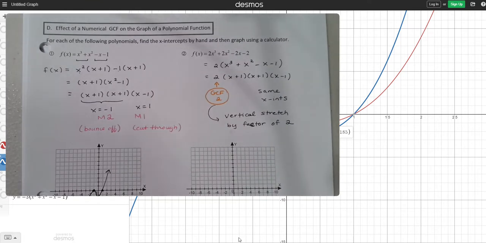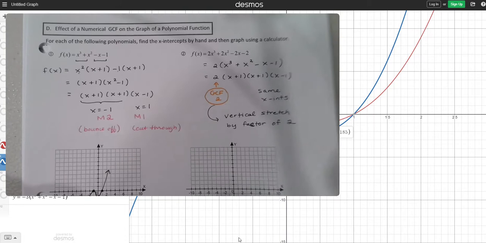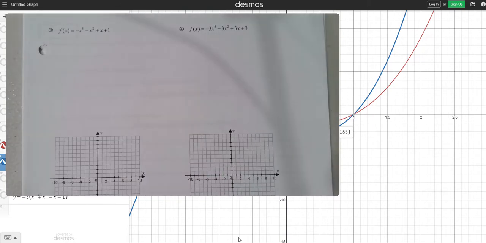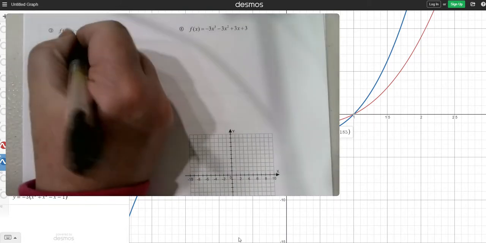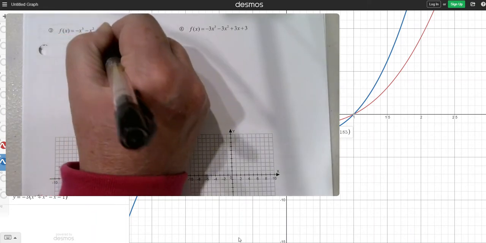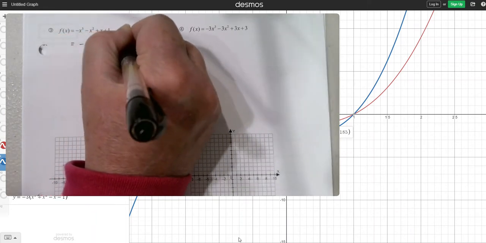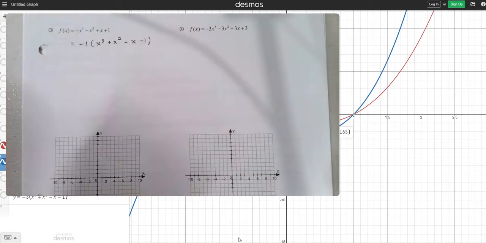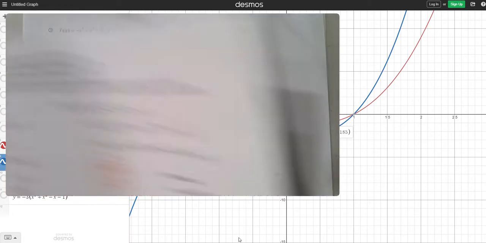On the next page, I'm going to continue with the multiples of the same polynomial. Here you'll notice that I could factor out a negative 1. And when I do, I'm back to that same old polynomial that we started with again.